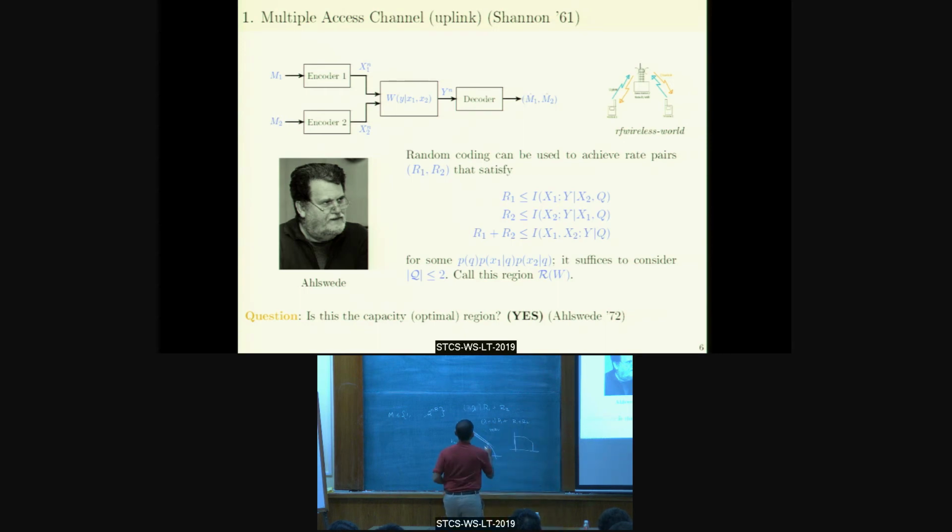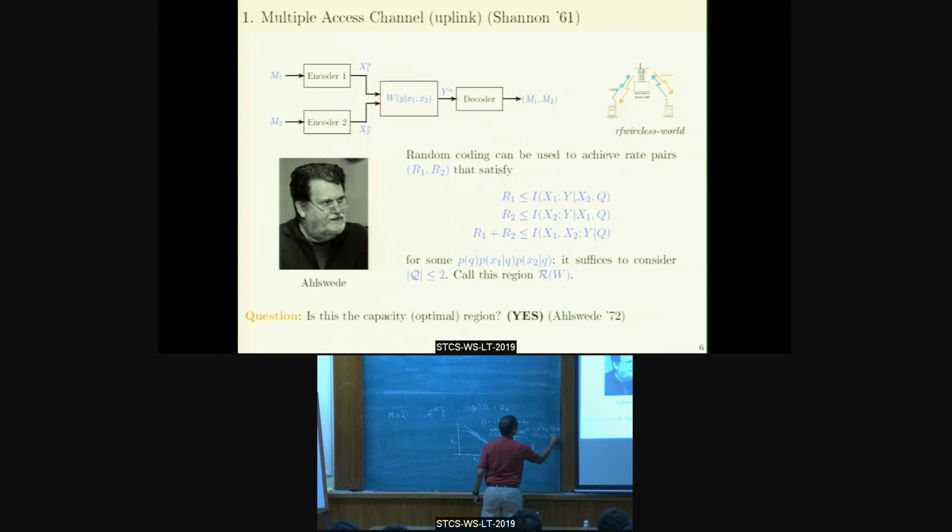Now I write the maximization over P(Q), P(x1|q), P(x2|q) of (lambda minus 1) times I(X1;Y|X2,Q) plus I(X1,X2;Y|Q).